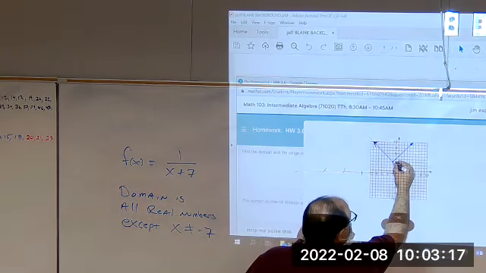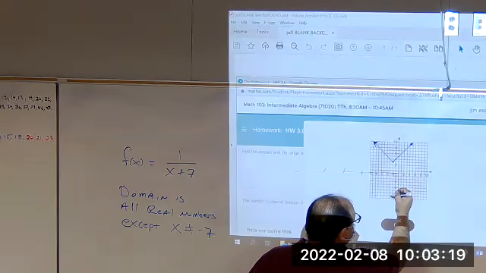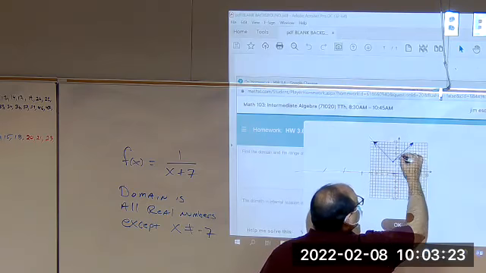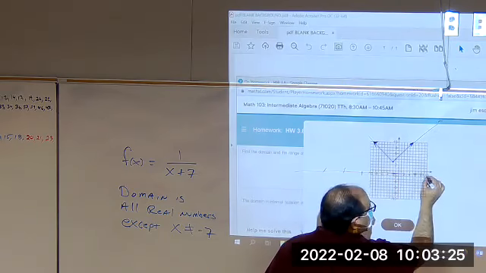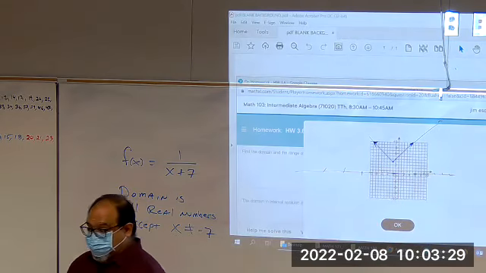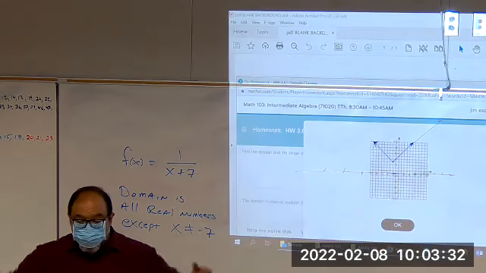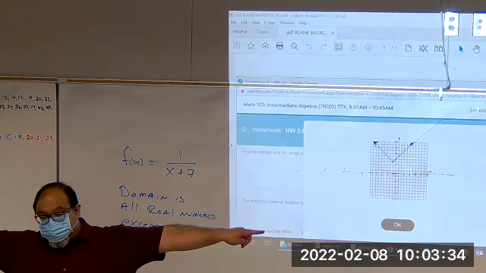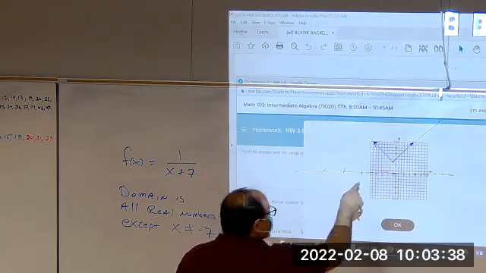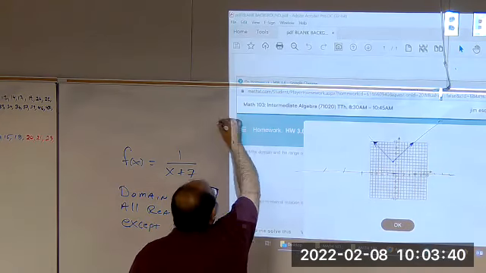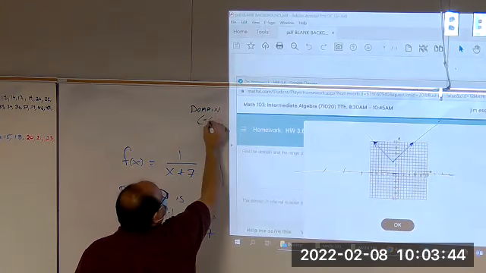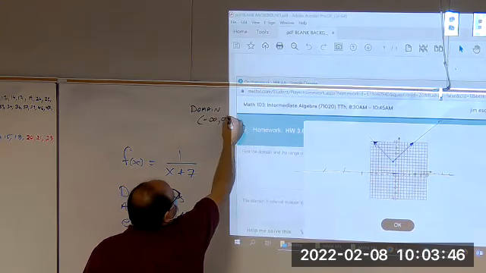And then there's a solid dot right there, and an arrow right there. It's going to use every single number to the right. So the domain, it's using every single number on the horizontal number line from negative infinity to infinity. So the domain of this is all real numbers, negative infinity to infinity.